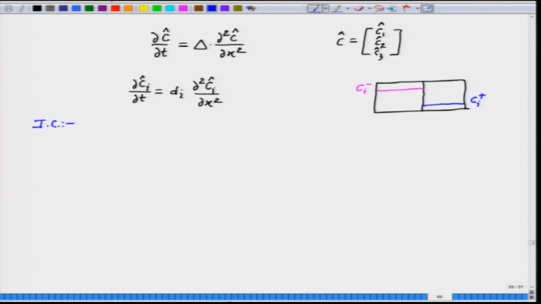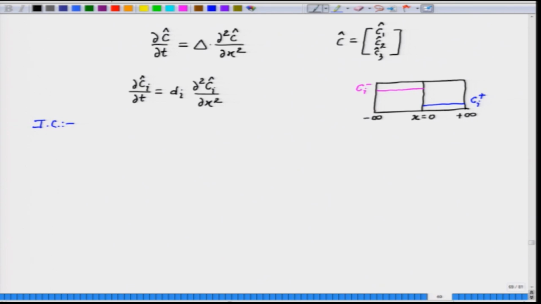So, at x equal to 0 there is a discontinuity, and the thicknesses of the two blocks are such that the diffusing species does not penetrate all the way to the other end. So, these ends are minus and plus infinity.